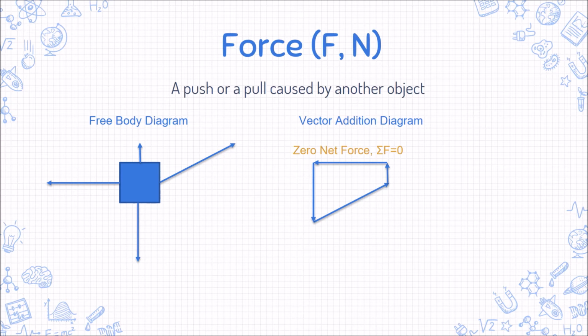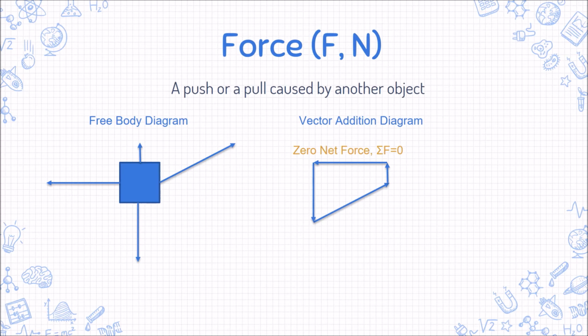And then we can also have a vector addition diagram. Vector addition diagrams take advantage of the head to tail method of adding vectors, and they also take advantage of the fact that we can add vectors in any order.